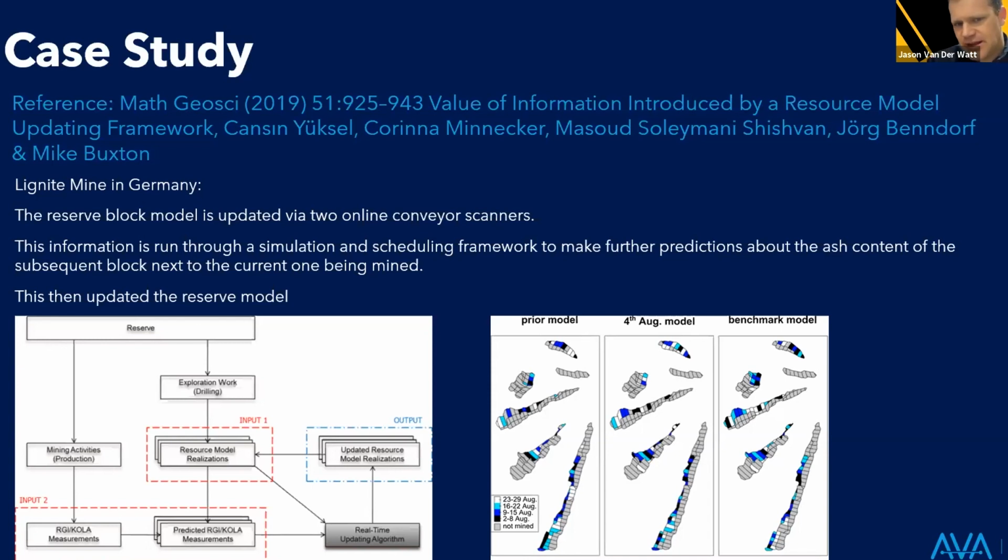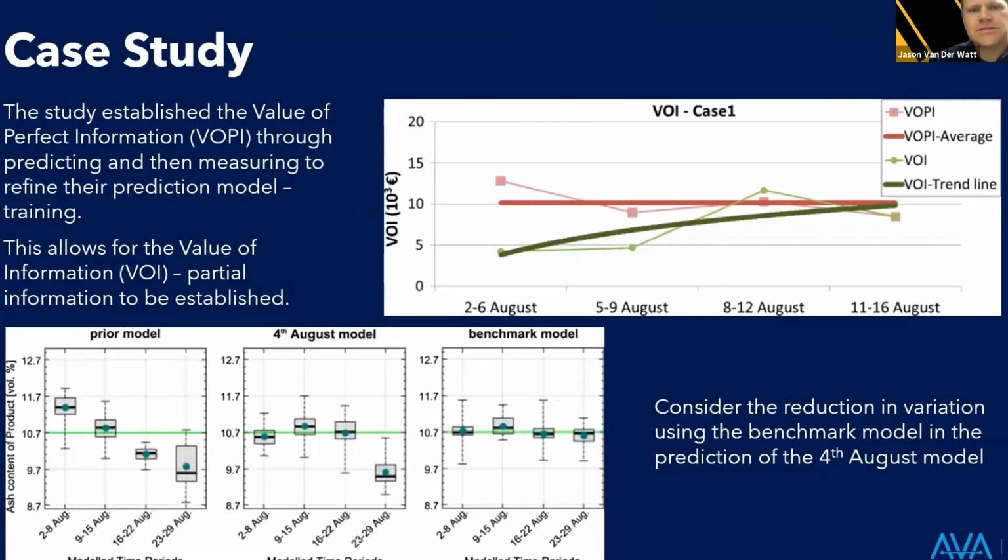So from that, they could then analyze these schedules and understand what the value of that online analyzer was. So in the top right-hand chart here, what they did was establish the value of perfect information. Now obviously there's no perfect information in mining and geology, but what we could do is take all those schedules that came out of this forecasting engine, and then actually take the best ones that met the ash content perfectly.